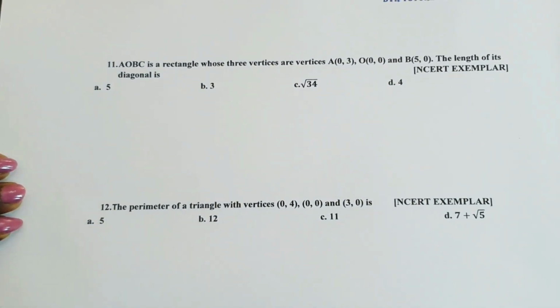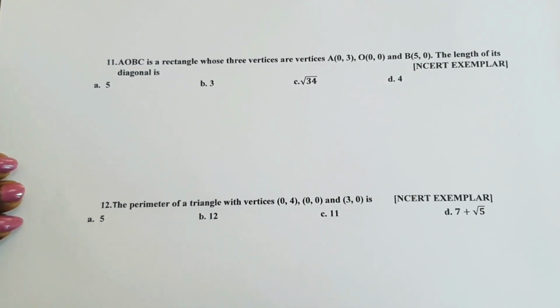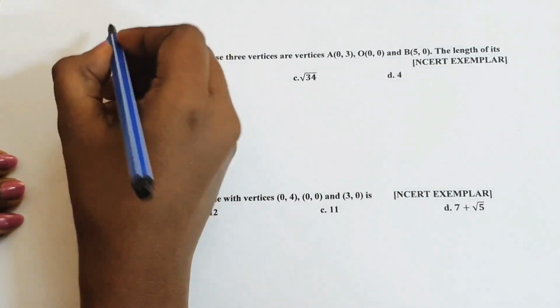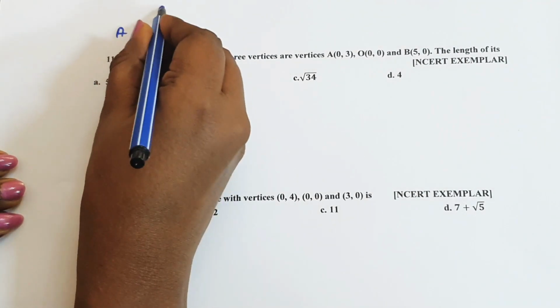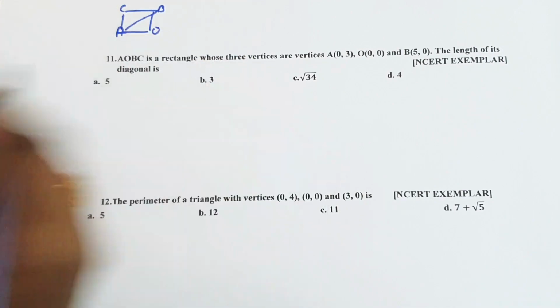Question number 11. AOBC is a rectangle whose three vertices are A(0, 3), O(0, 0), B(5, 0). The length of its diagonal. See, whenever a length question comes in, it's obvious that we can use the distance formula. AOBC, so the length of the diagonal is basically the length of AB.